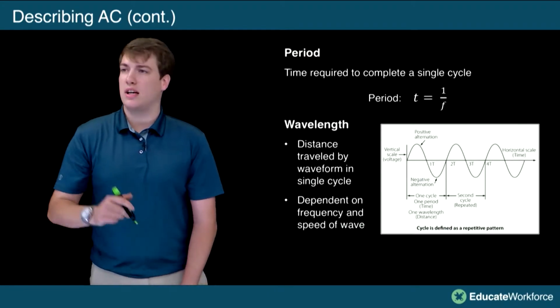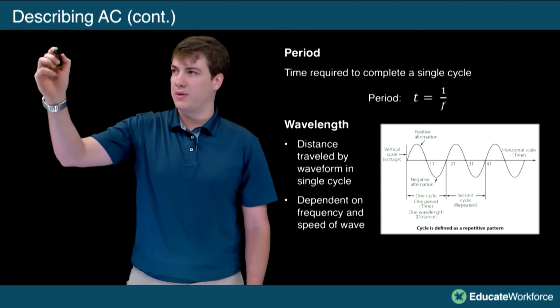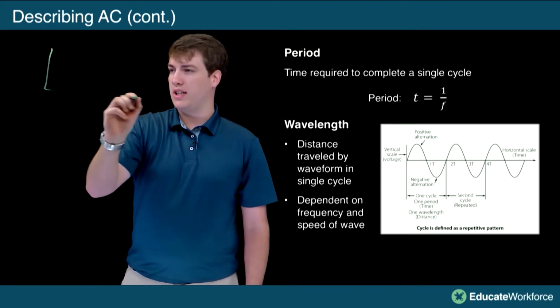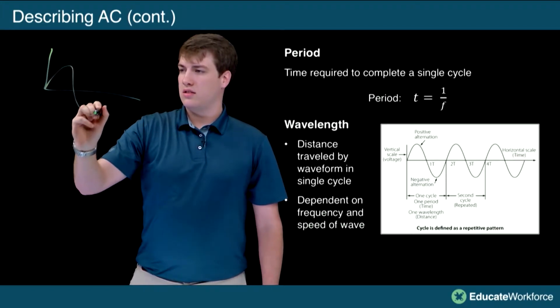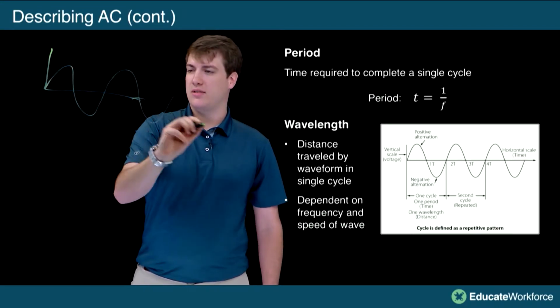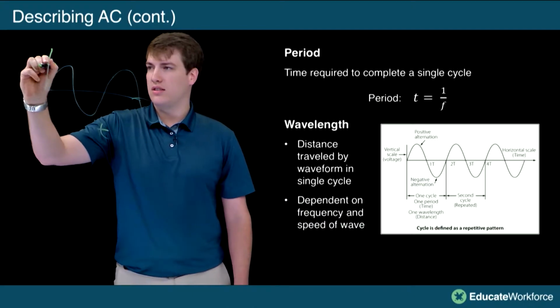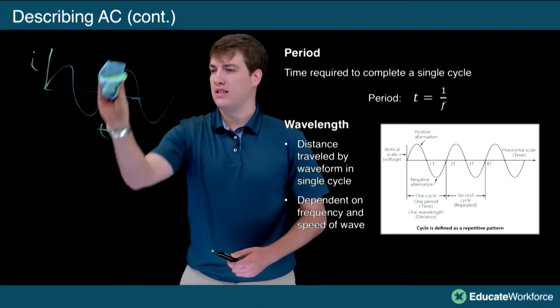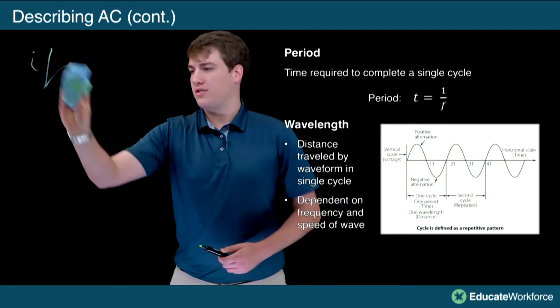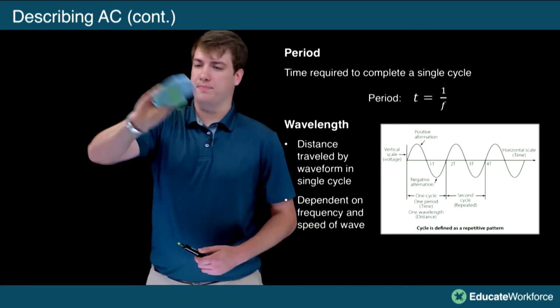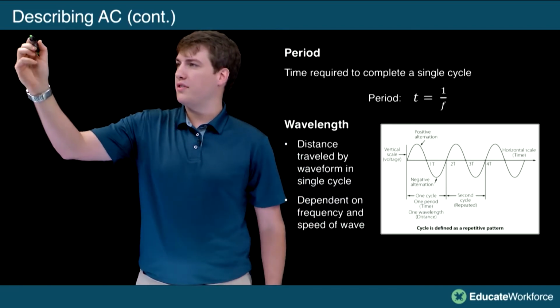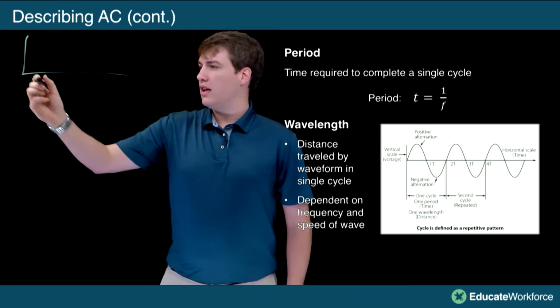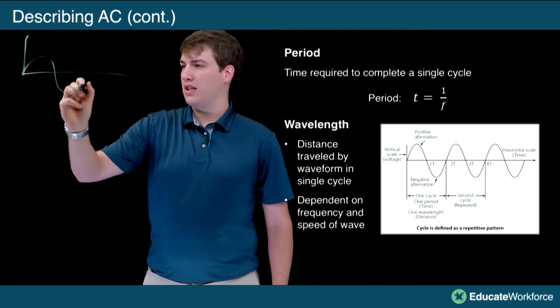So next, let me draw my waveform up again, even though we have a nice image here. There we go, we have T. We'll again call this I. It's a little lopsided. Let's see if I can draw it a little more square. There's another value that we'll talk about, and it's really related to our frequency.